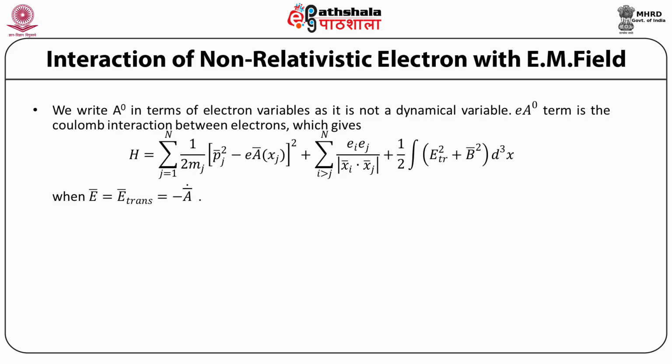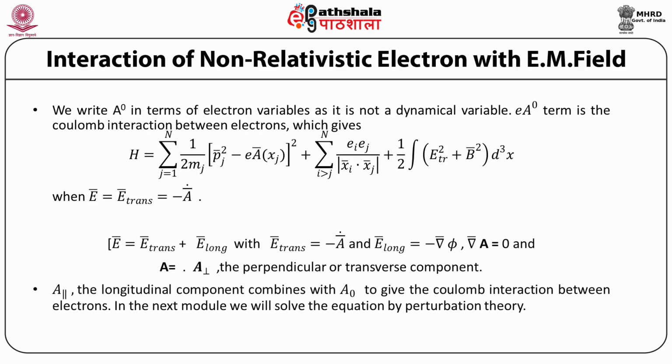The eA0 term is the Coulomb interaction between electrons, which gives H equal to the summation over j equal to 1 to n, this is the summation over the number of electrons, of 1 over 2m_j times (p_j vector minus eA vector) whole squared, plus the summation over i greater than j up to n of e_i e_j over |x_i vector minus x_j vector|, plus half the integral d³x of (E vector transverse squared plus B vector squared), where E transverse is equal to minus A dot vector.